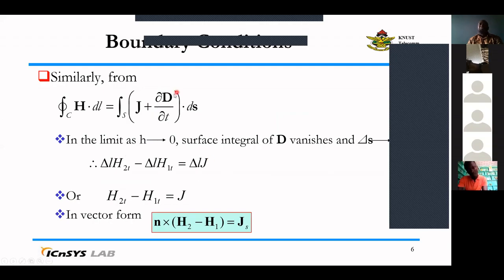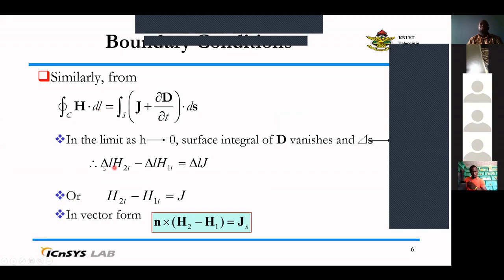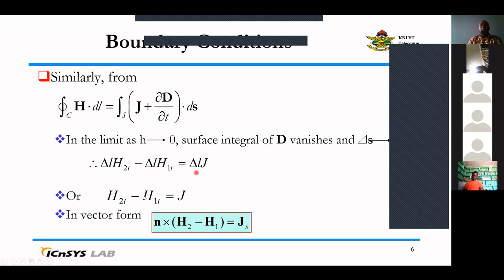Since the surface integral of D vanishes as h approaches 0, we have for the integral of H dL in medium 2 delta L times H2T minus delta L times H1T. And delta S now becomes delta L, so we have delta L times J. Again, delta L is common and cancels out, and we have H2T minus H1T equals J.